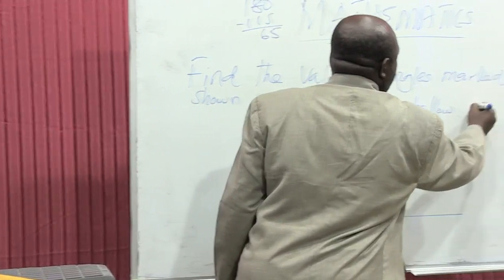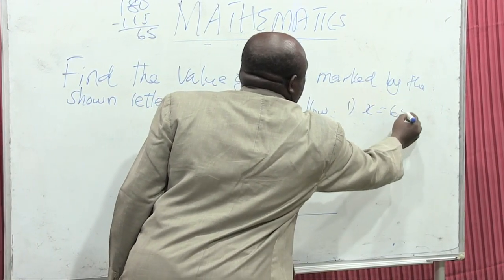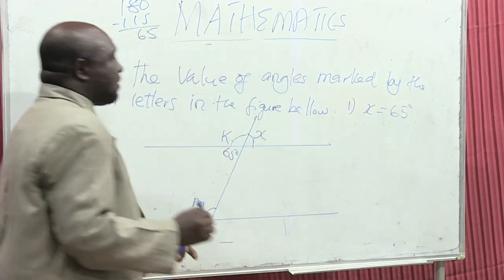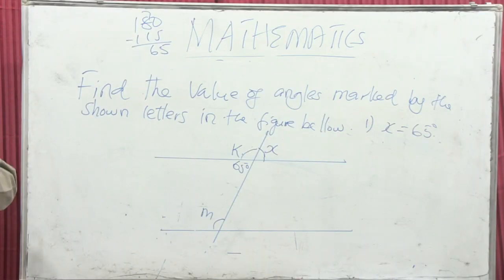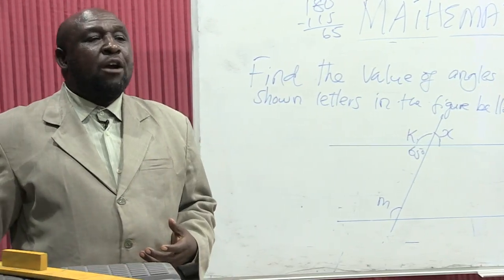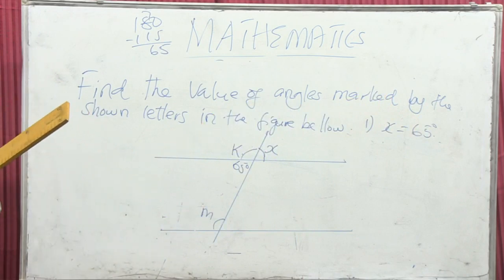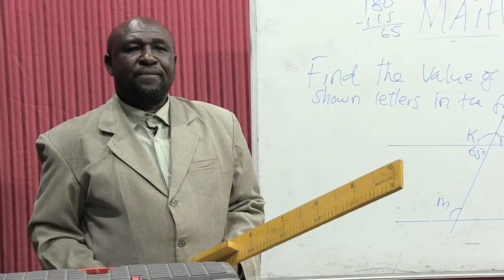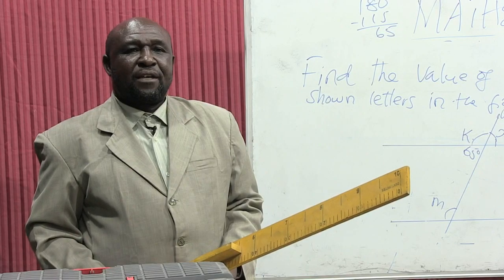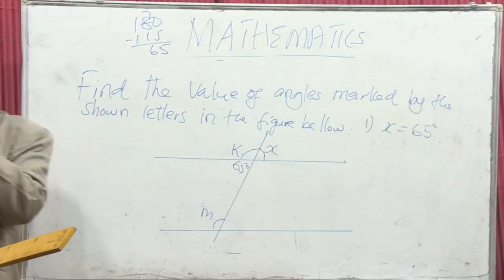Number one, we say X equals 65 degrees. Reason: which basic geometrical principle helps you to conclude that X is equal to 65? Who can remember? Yes. Vertically opposite angles.